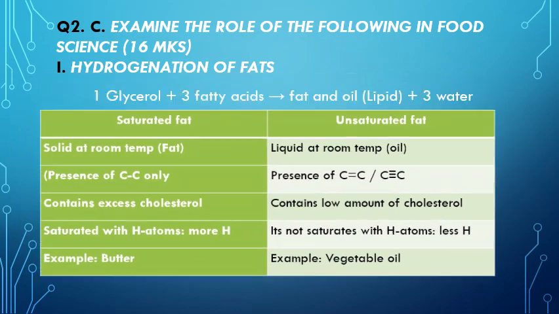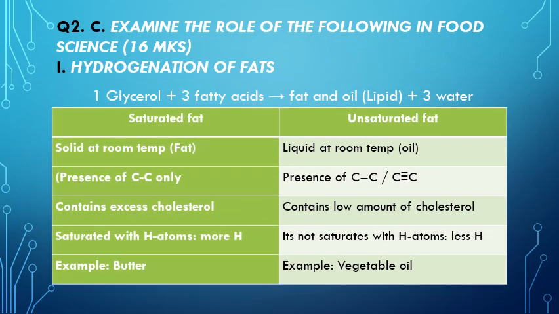Now, these fats, as much as we call them fats, there is a difference between fat and oil, because generally fats are solid at room temperature, whereas oils are liquid at room temperature. And that's why you will refer to butter as fat, and you will refer to your cooking oil as what?